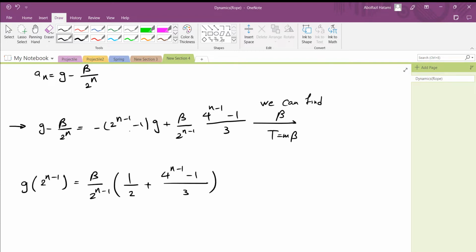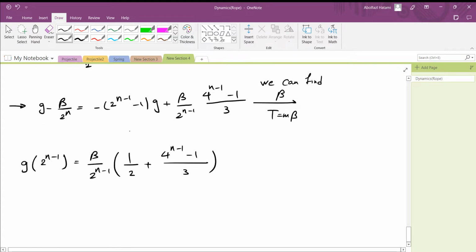Let me check if it is true or not. Okay, I think it is true. I factor here beta divided by 2 to the power n minus 1. It is 1 over 2.